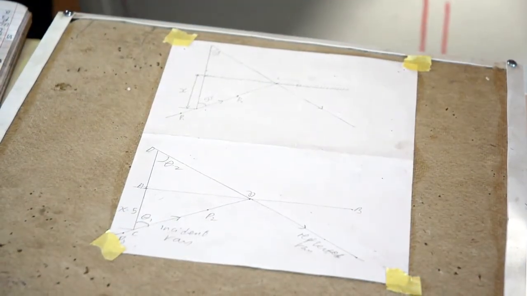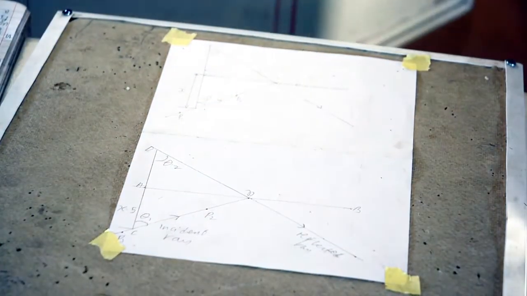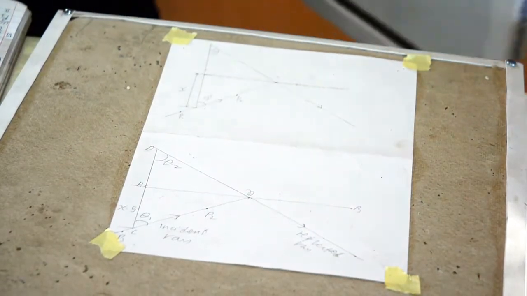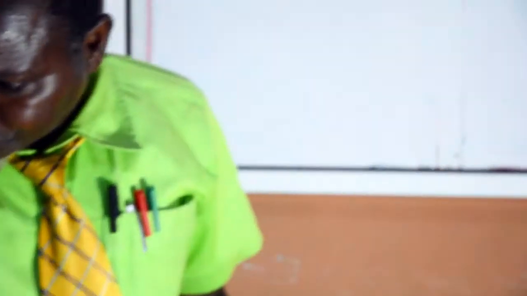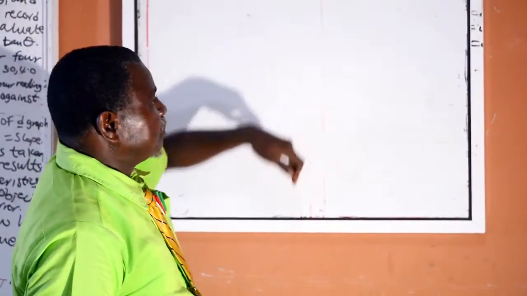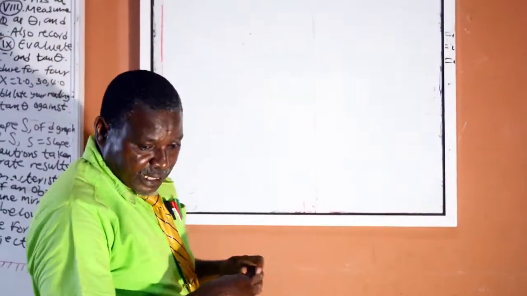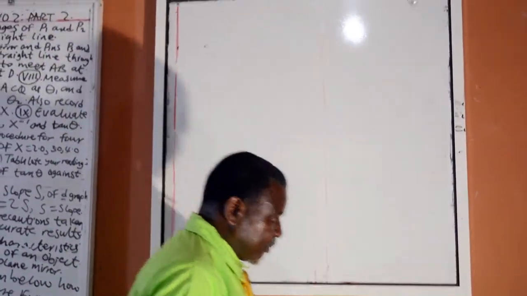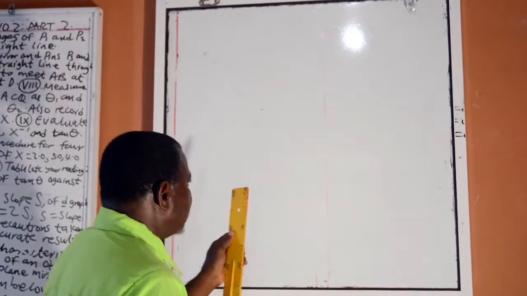distinct and clear, let's locate it on the marker board. Let's do it on the marker board again. Now, this marker board represents my plain sheet of paper.